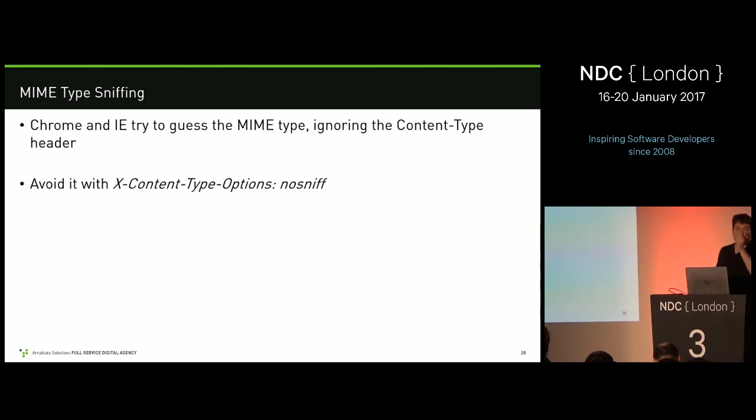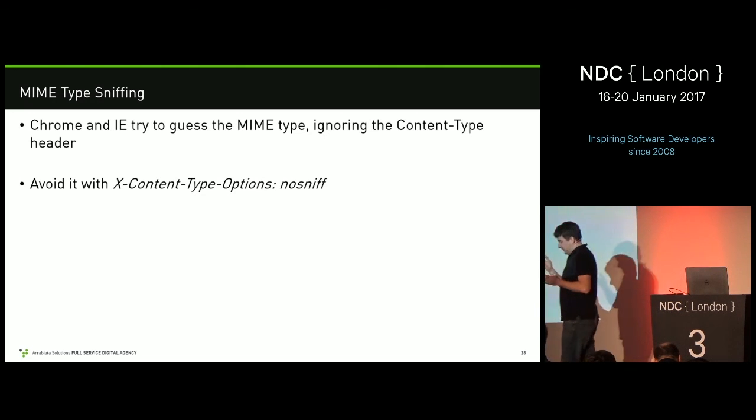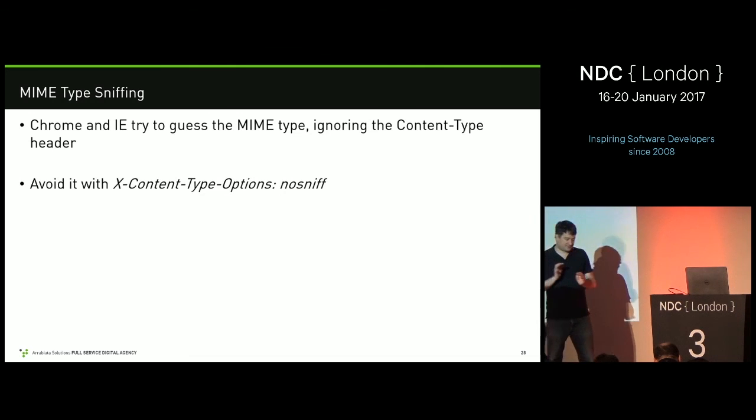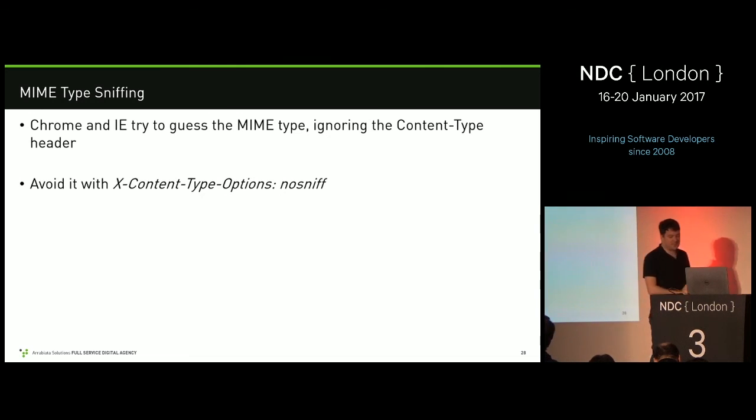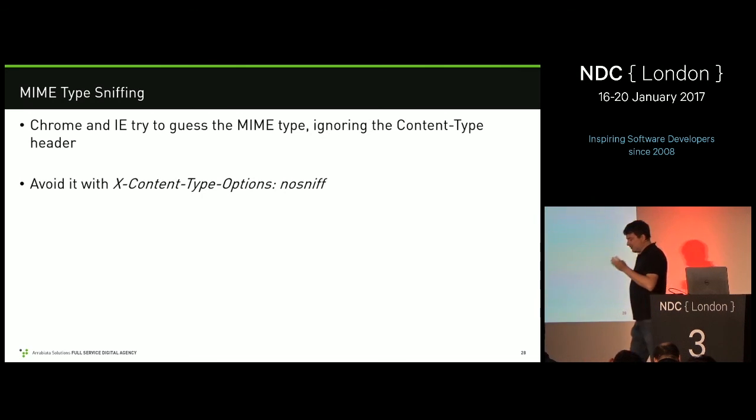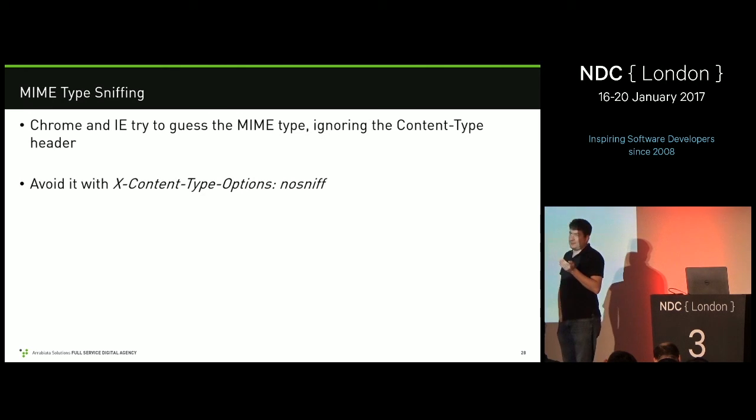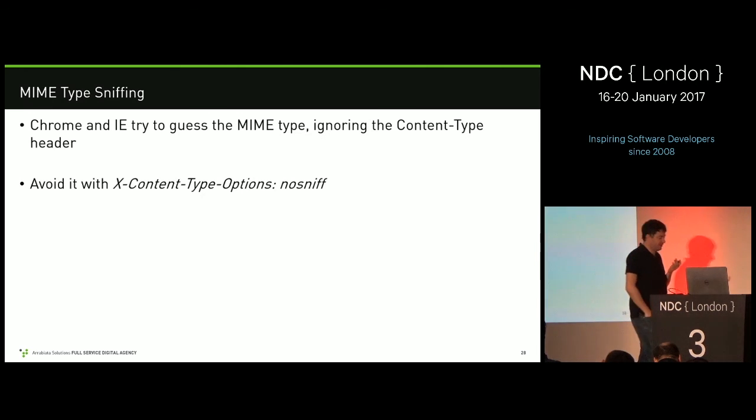So the server sends the Content-Type HTTP header, and that Content-Type HTTP header rules, usually. However, IE and Chrome sometimes want to be more clever than the web server, so they have a look at those files and ignore the Content-Type header if they think, oh, that's not HTML, that's something else.